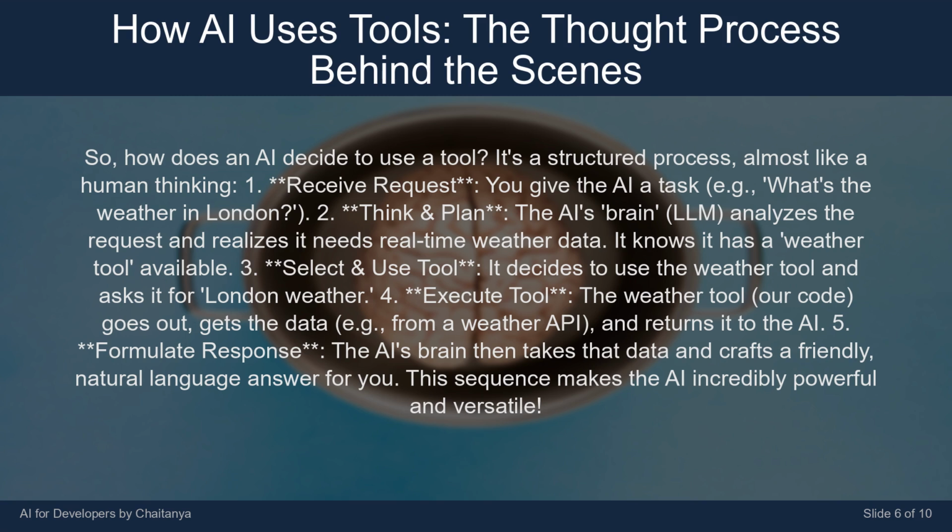It decides to use the weather tool and asks it for London weather. 4. Execute tool. The weather tool, our code, goes out, gets the data, e.g., from a weather API, and returns it to the AI. 5. Formulate response. The AI's brain then takes that data and crafts a friendly, natural language answer for you. This sequence makes the AI incredibly powerful and versatile.